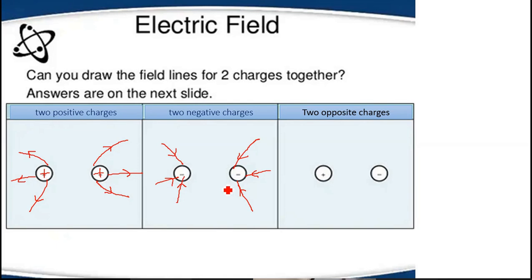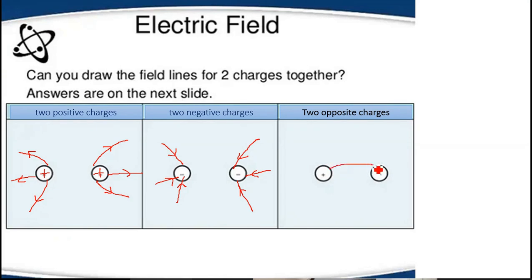How about the positive and negative? How about the arrow that represents the direction? They will attract. The arrow goes from positive to negative, because the field goes away from the positive.